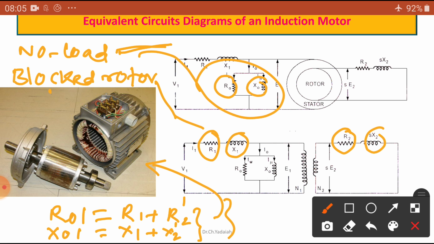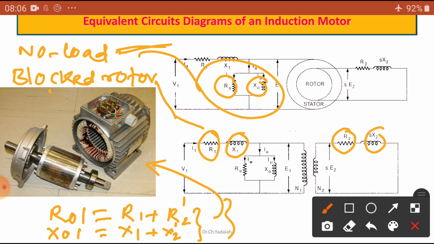Dear students, these tests are very essential for all our electrical students. If you go to any industry and the motor is giving some trouble, you can conduct these tests to know what is happening inside and what its efficiency is. That is why you should know the procedure of the NoLoad test and the blocked rotor test.